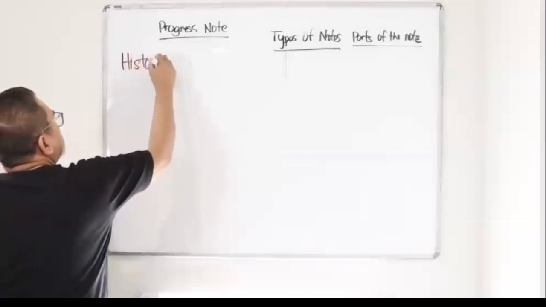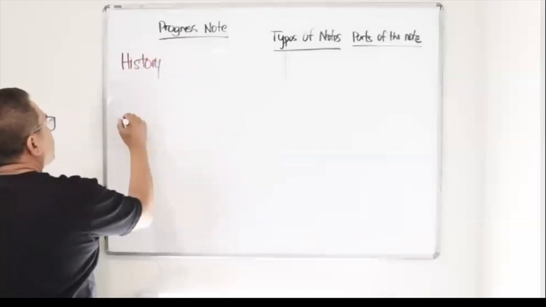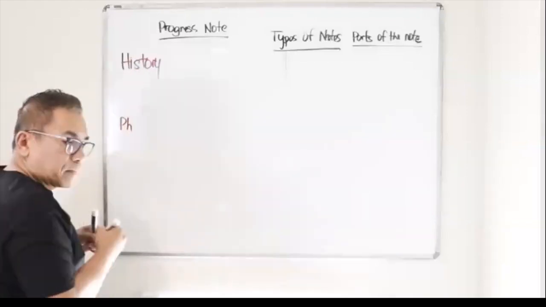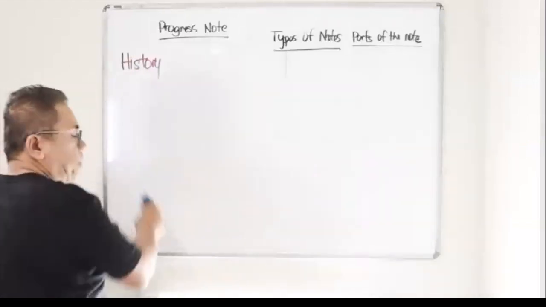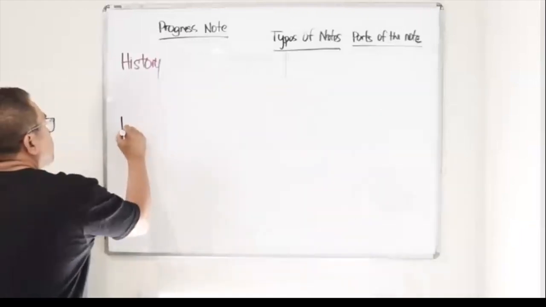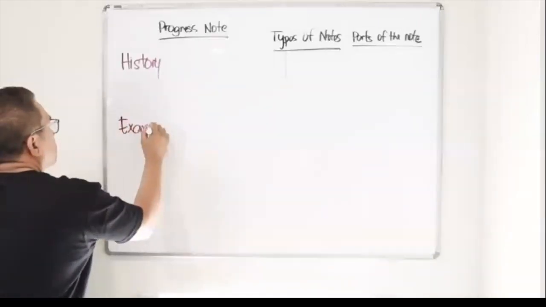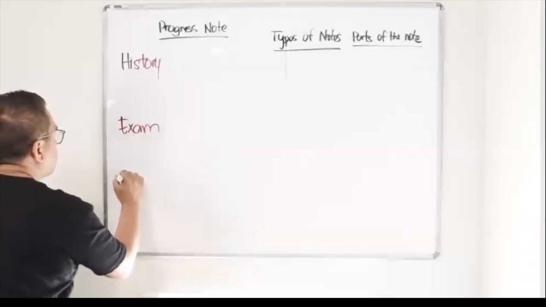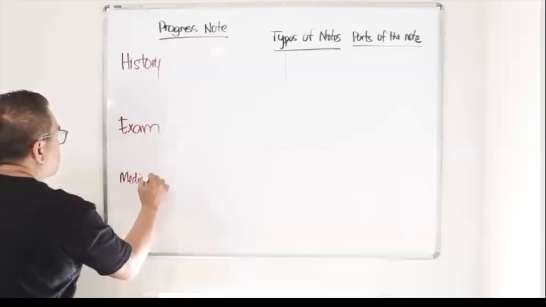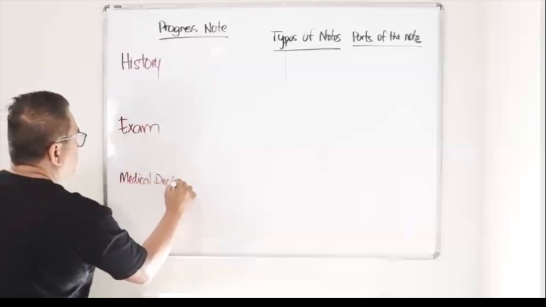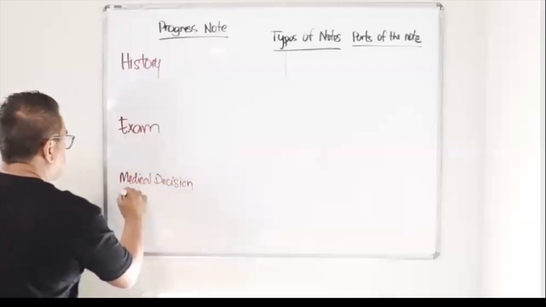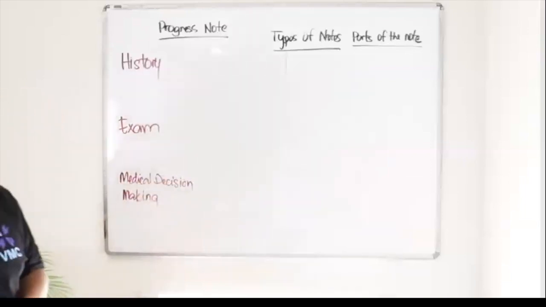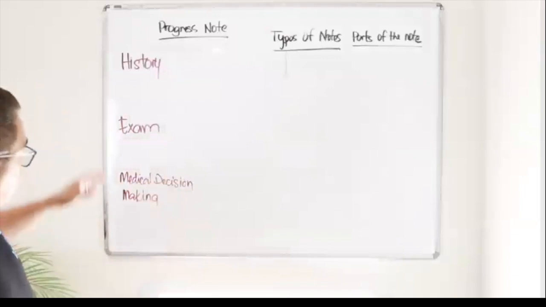History. Okay, so these are the three main components of a progress note.